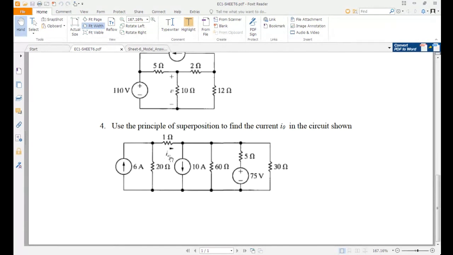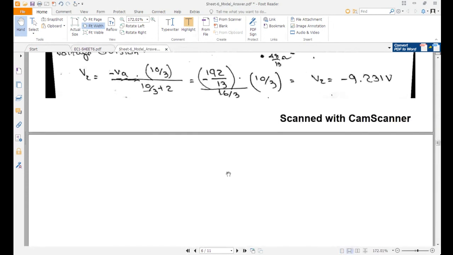That is I naught 1, I1 you can say. When this is active, this will be open circuit, this will be short circuit, this value will be I2. When this is active, this will be open, this will be open, and the value will be I3. The final I naught will be I1 plus I2 plus I3. Understood? We will go for the solution.